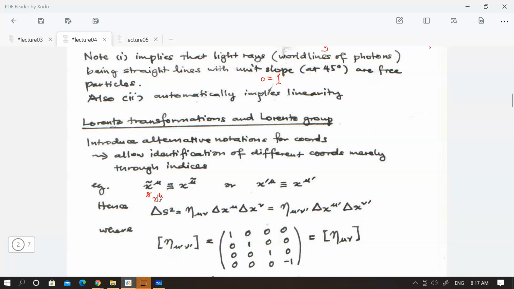This is the original coordinates X. This will now be the coordinates labeled by X tilde. But what we're going to do is make our index notation a little simpler, in that for these coordinates with the tilde on top, I'm going to transfer the tilde from the label itself onto the index.